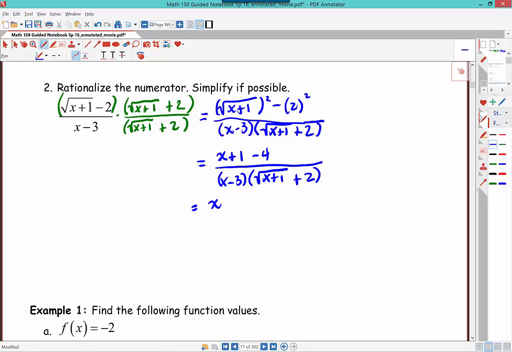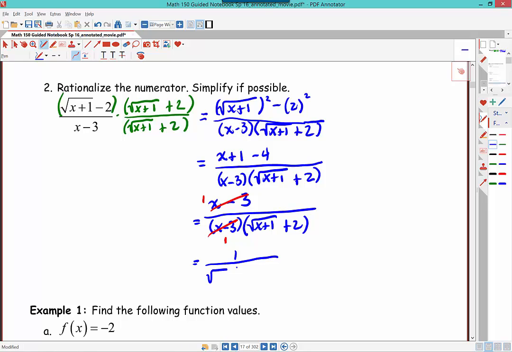Do you see I get an x minus 3 in the numerator, which will be super awesome because then I'll be able to divide out this x minus 3. And dividing this out, we get, at the end of the day, 1 over root x plus 1 plus 2.